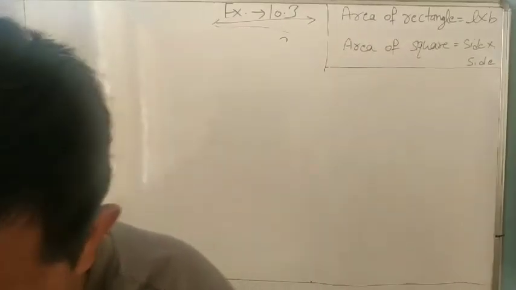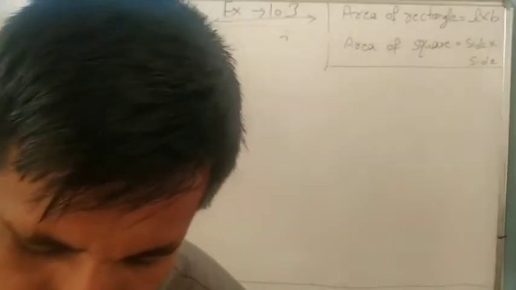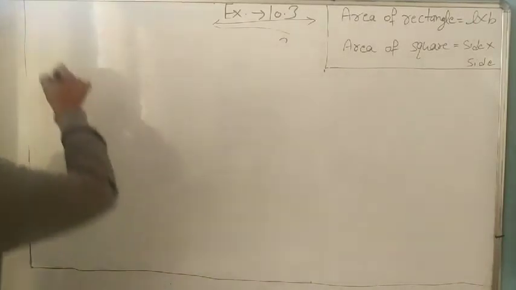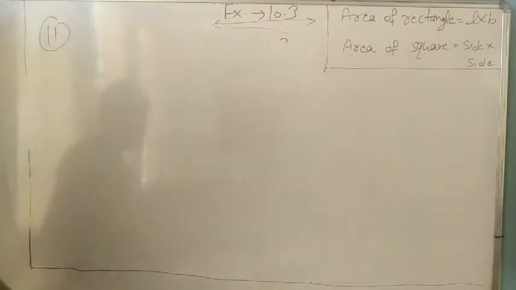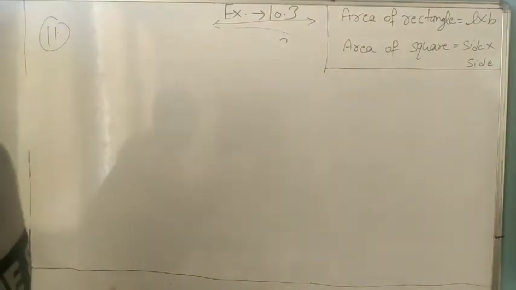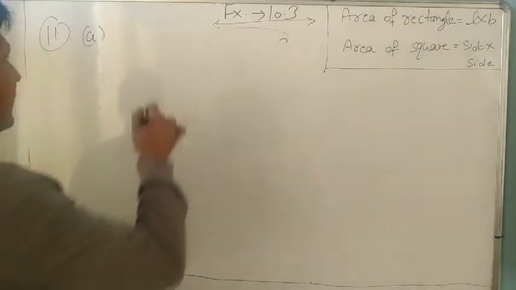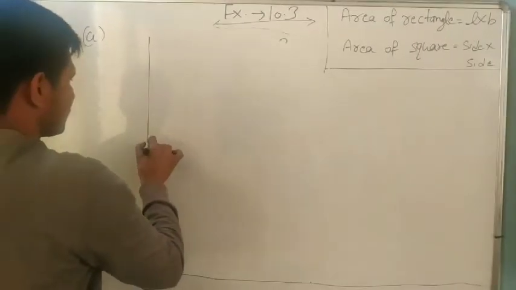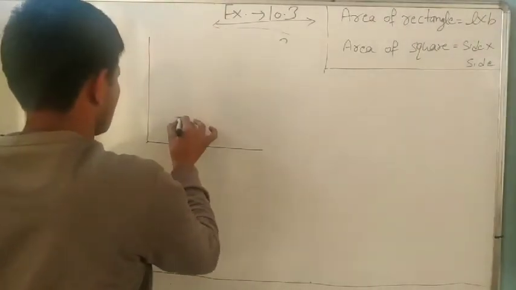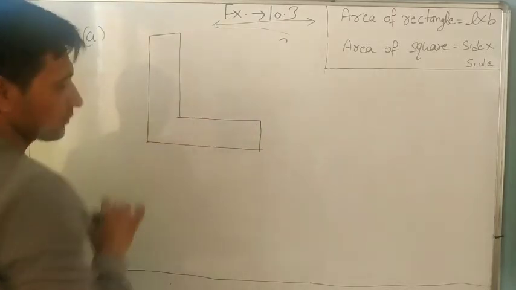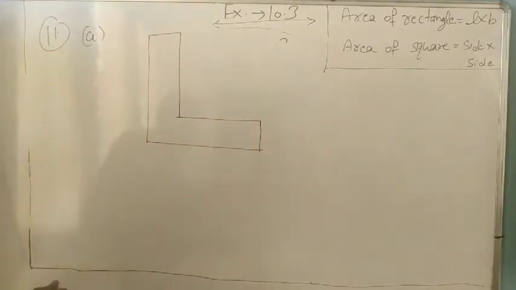In question number 11, only one more part. I will explain it. What will you do? A part. Find its area. Split into squares. So this one given is 2.